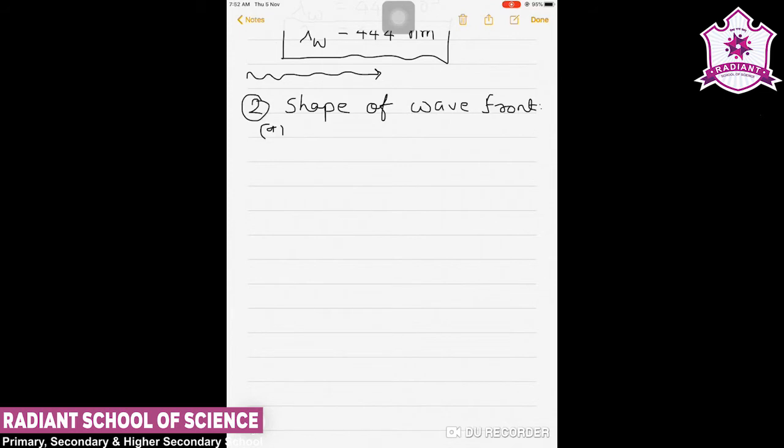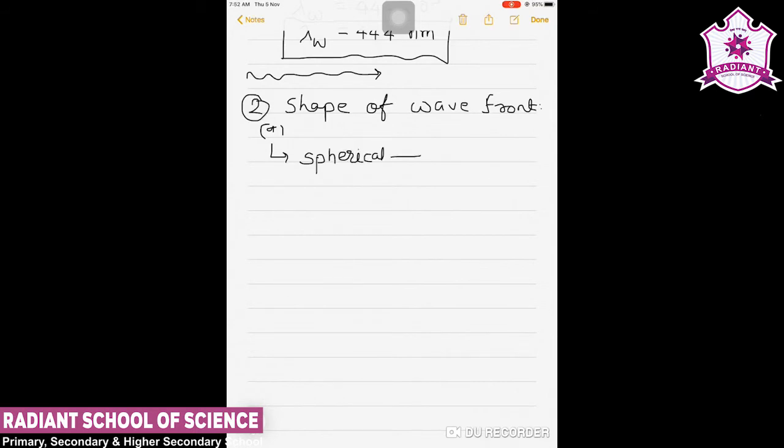A point source is there, which means the wavefront can be a spherical wavefront, because all points which are equidistant from the point source will lie on a sphere. So the first case the answer will be spherical.